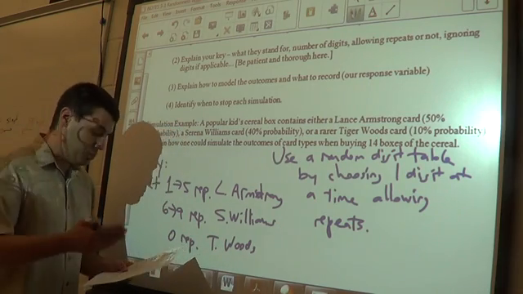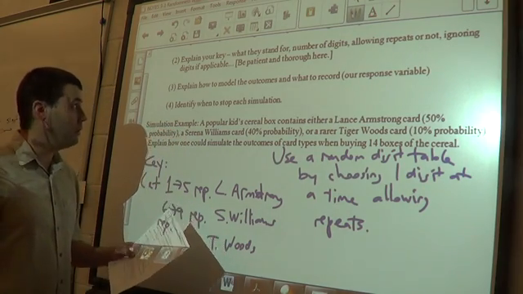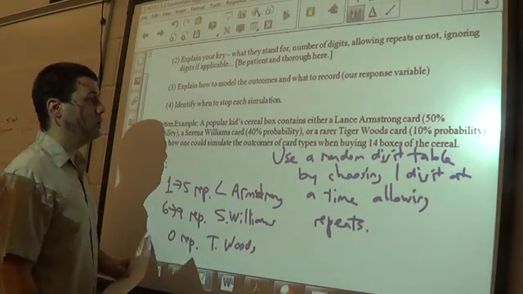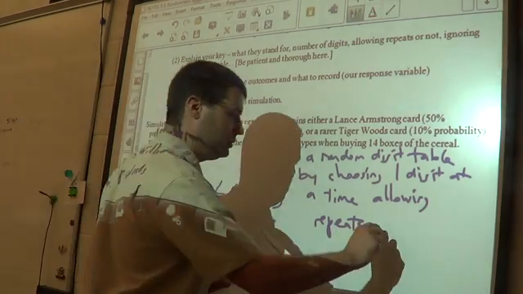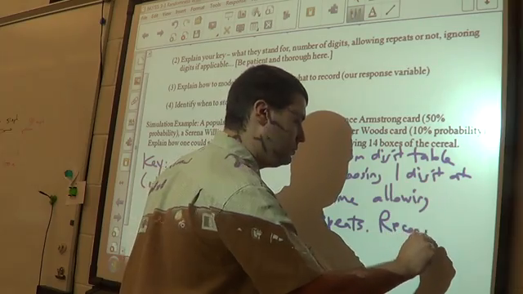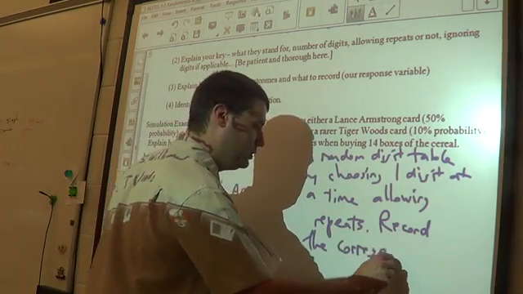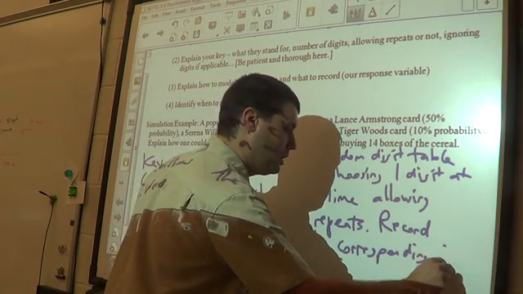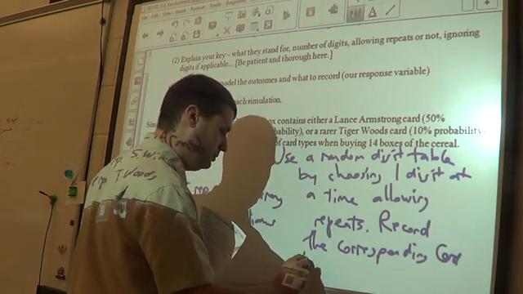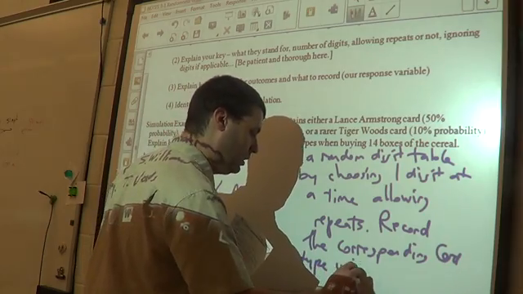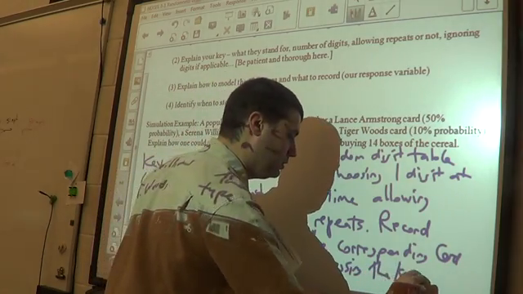They can get you. Step 3 was explain how to model the outcomes and what to record. So what are we doing? We're going to record the corresponding card type using the key.